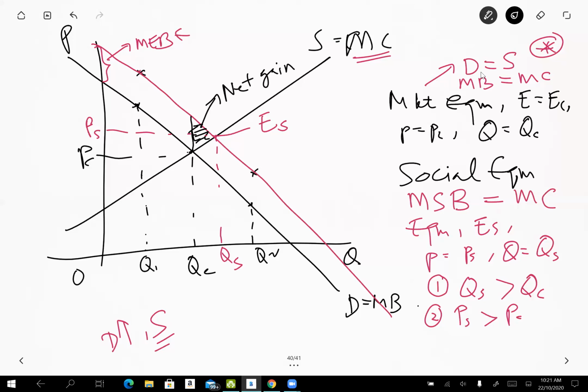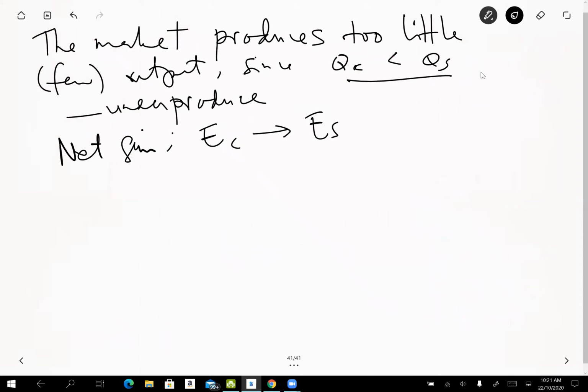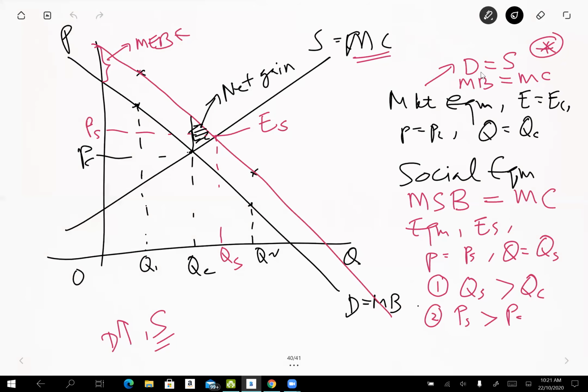Okay. Now, how do you say it's a net gain? Again, here we look at the equilibrium. You want to look at the net gain. We look at the movement from EC to ES. Now you go back to the diagram. Let's say the output level is QC, from the society's perspective.